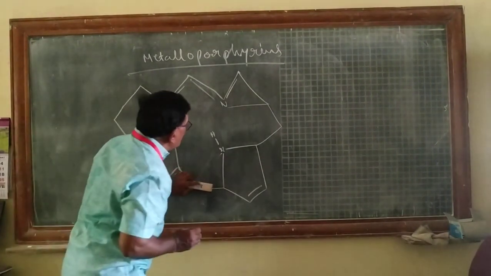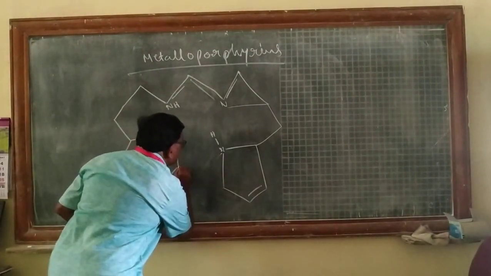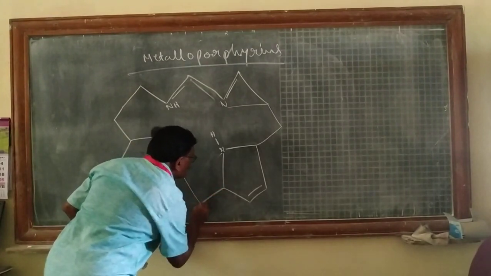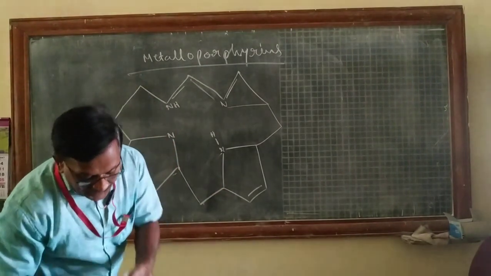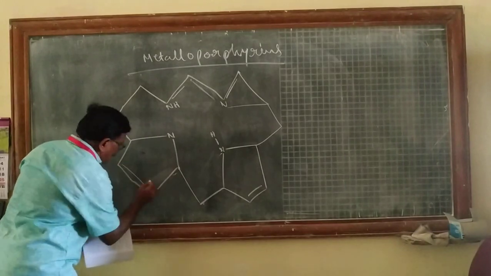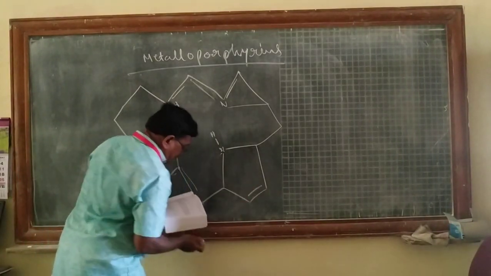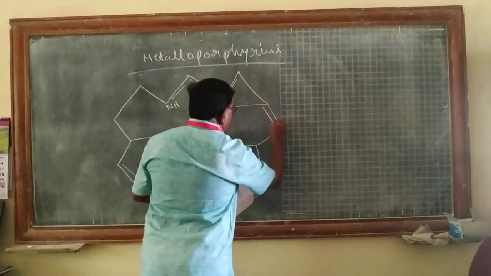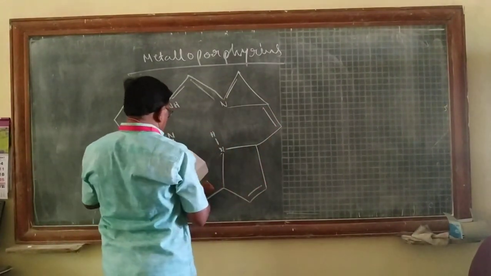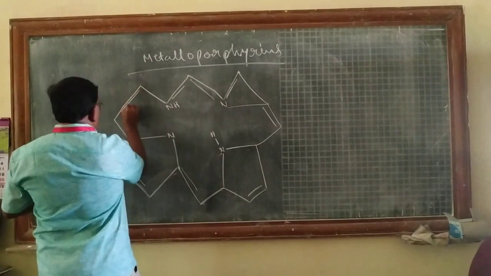So this is the structure of porphyrin. This is one double bond and this is another double bond. Here there is a double bond and this is a double bond.